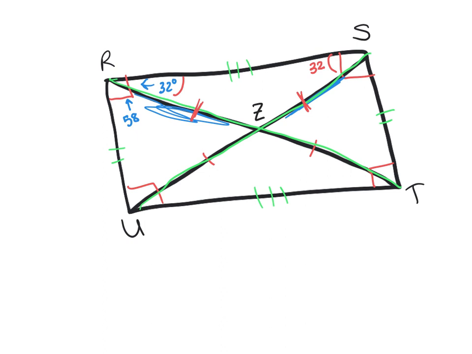Everybody get that? And if that's 58 over here, this would be 58. Well, then this would be 58, and this would be 58. And then we take 58 and 58 is 116. So this is going to be 64 degrees, 64, right? And then this is 116 and 116 because we know that those two have to add up to 180.